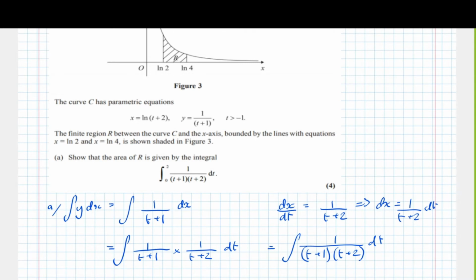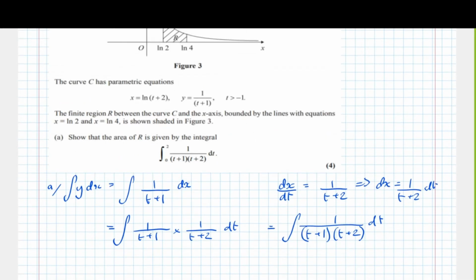And don't forget the limits, just to find the limits. So x equals log 2 implies t equals 0. So if x is log 2, to get log 2, t has to be 0. X equals log 4 gives t equals 2. Again, t equals 2 means x is log 4.